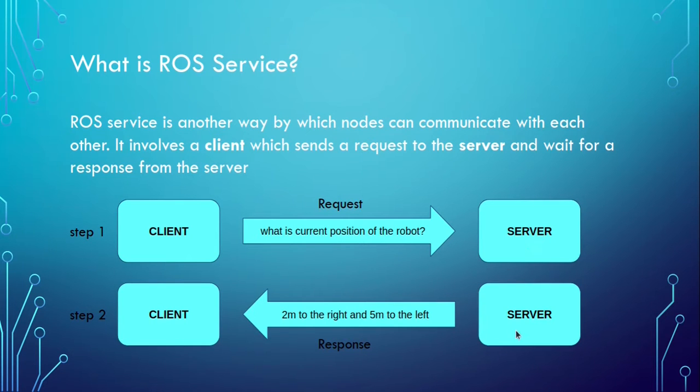And the server will send back a response: the robot is 2 meters to the right and 5 meters to the left. That's just how a service works. And unlike the publisher and subscriber, the communication between client and server is synchronous.